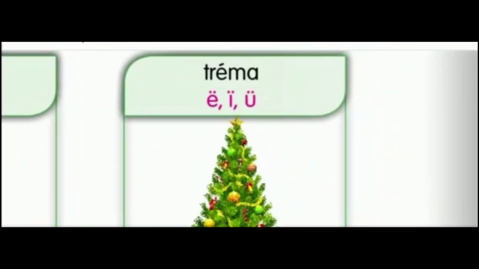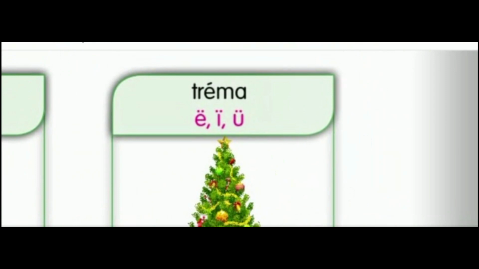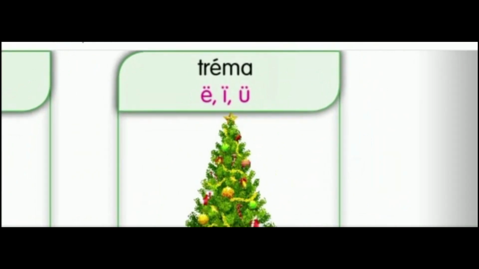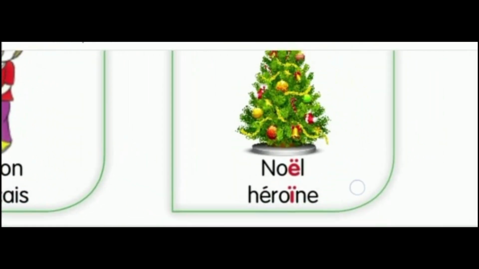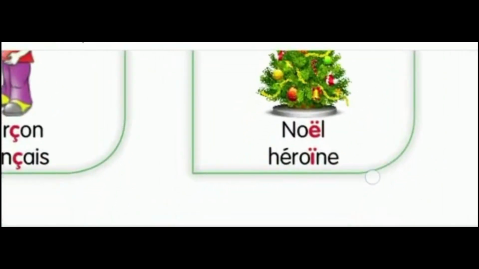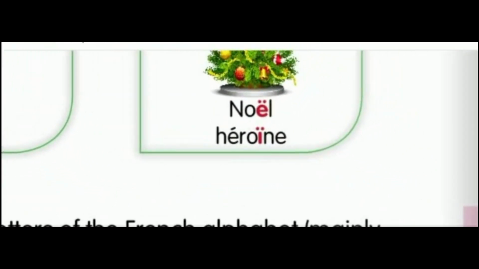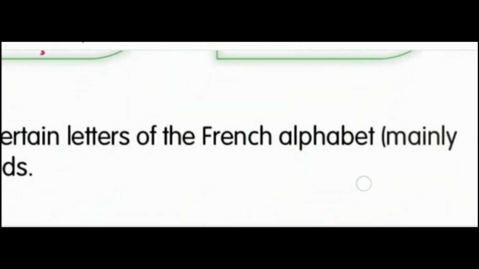So français is the French word for the people of France. Now going on to the next one, we have accent tréma. It is nothing but two dots above the letter. Here we have Noël, which is Christmas, and héroïne, which is heroine.